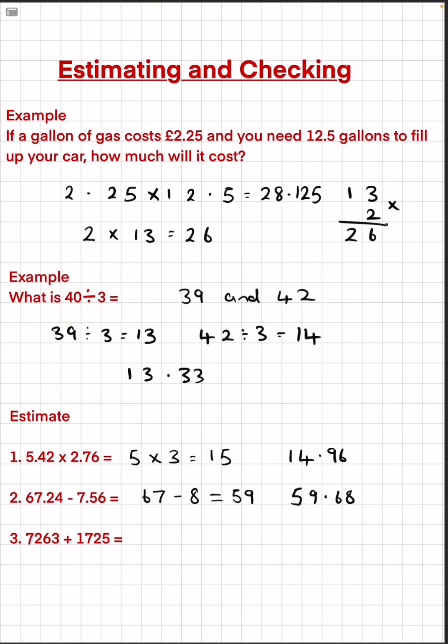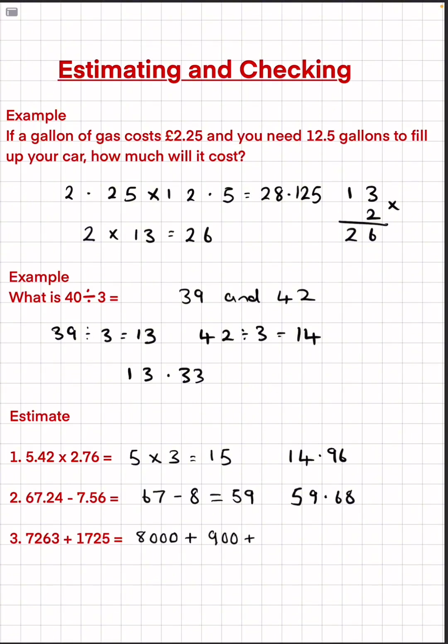The next calculation is 7,263 plus 1,725. We can work this out by adding the thousands first. 7,000 and 1,000 is 8,000. Next, we can add the hundreds. 200 and 700 is 900.